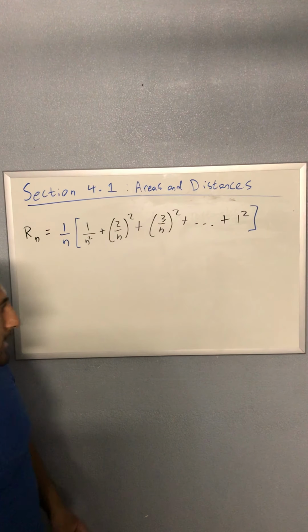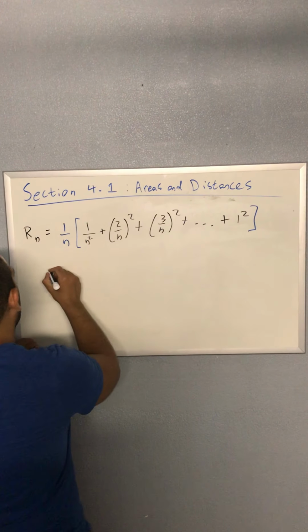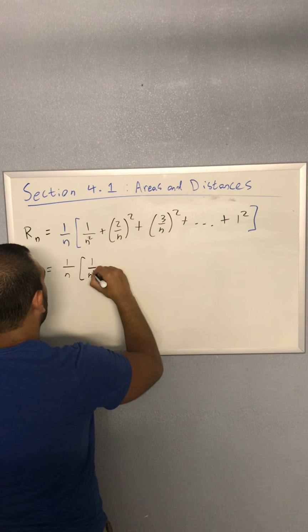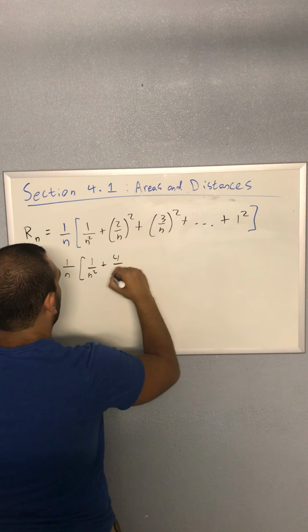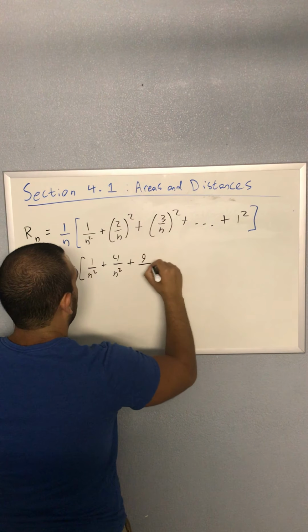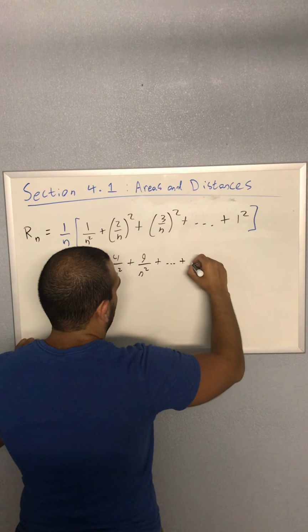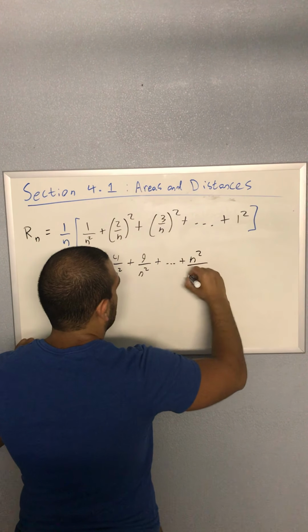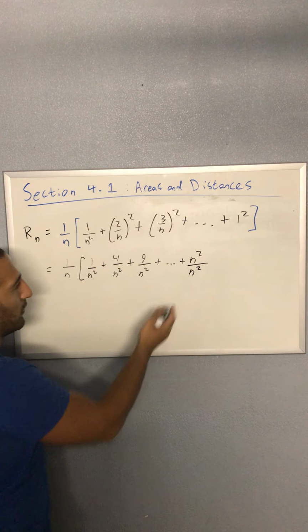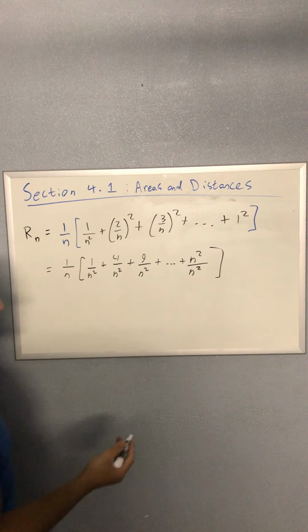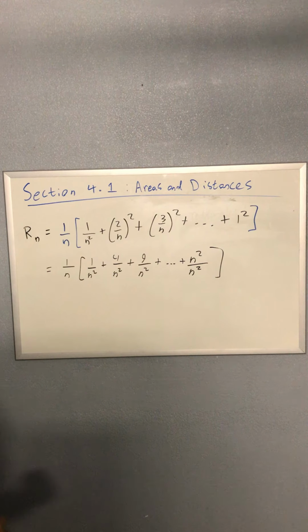Okay, and then let's do a little bit of algebra here. So this is 1 over n, and this is 1 over n squared, plus 4 over n squared, plus 9 over n squared, and so on. You can think of the last term as n squared over n squared, right? 1 is the same as n squared over n squared. It seems kind of weird to write it like that, but there's a reason.